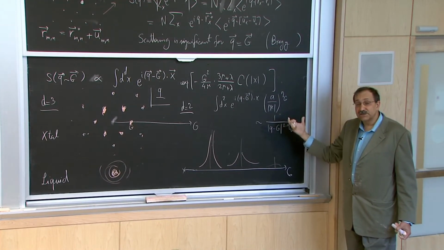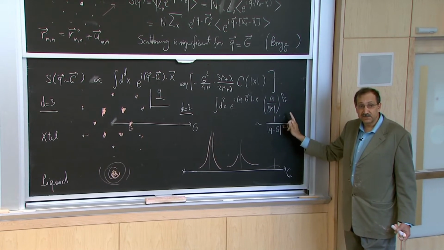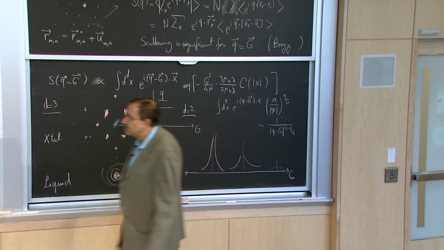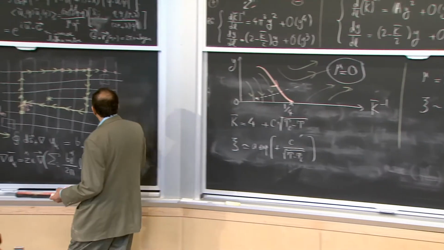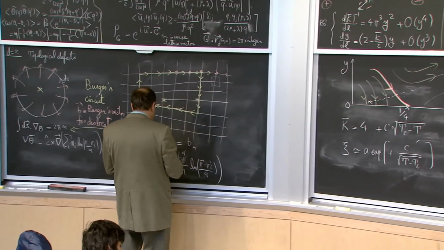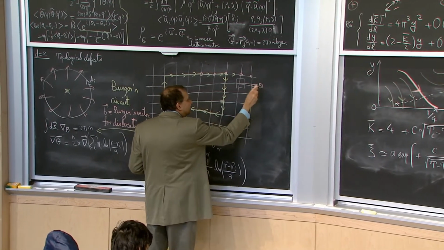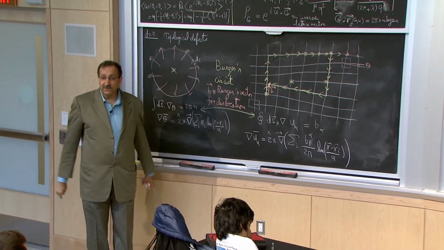Once the dislocations unbind, this becomes an exponential decay, as I would expect. But I can also define locally some kind of an orientation. Let's again call it theta. But theta is, let's say, the orientation of the bond that connects 2 neighboring spins.